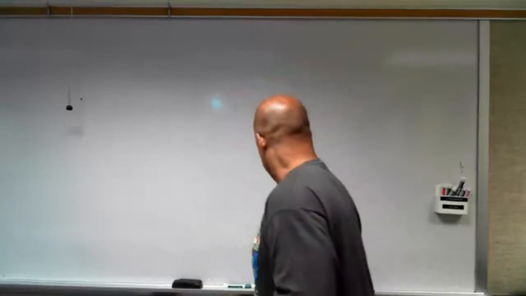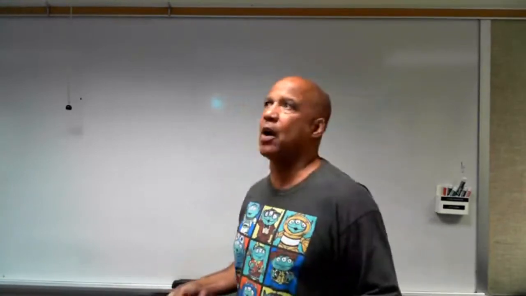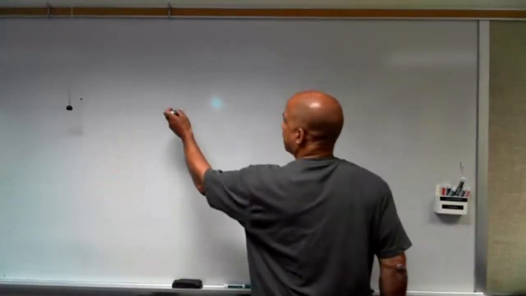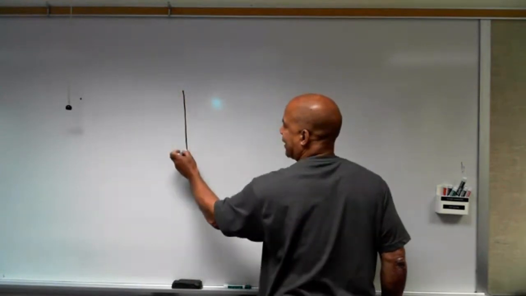So let me just show you. A K-map is basically just a group of cells, and it's always going to be a power of 2. So you can have 1 cell, 4 cells together, 8, 16, 32. It's always going to be a power of 2. And I like to start with 8 cells. It's like a table.